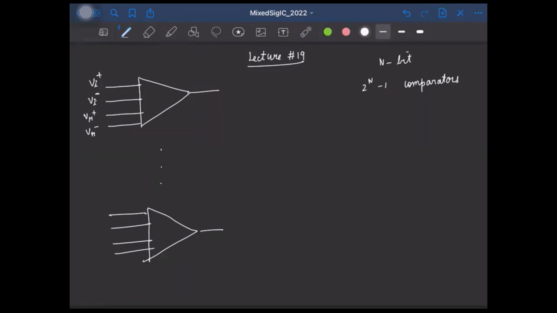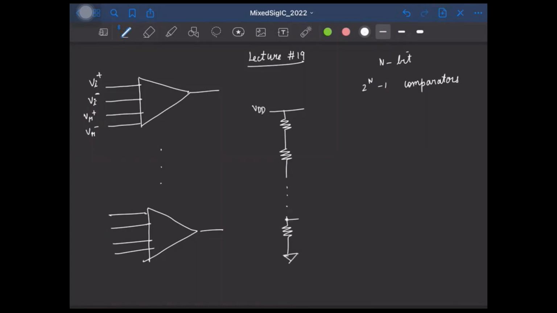And in the last class, we also saw how to generate these differential references. All we had to do was to have a resistive ladder like this with equal resistor values between VDD and ground.